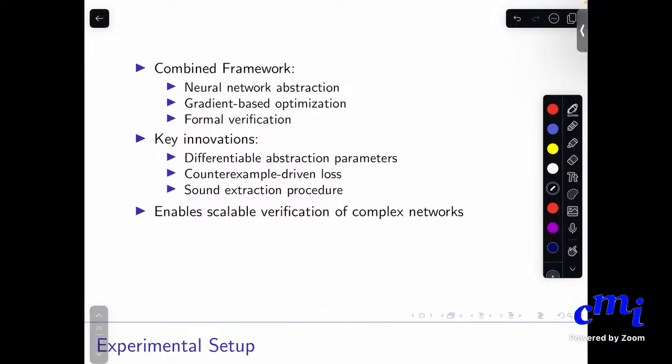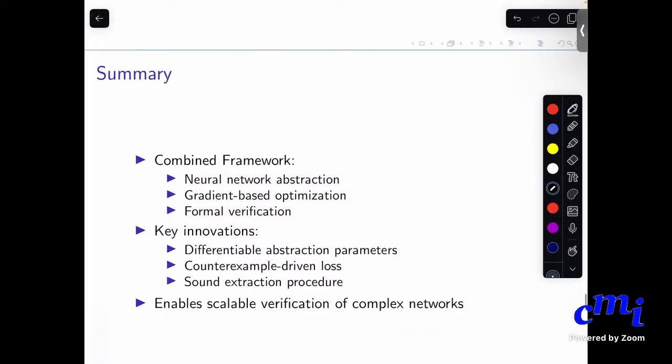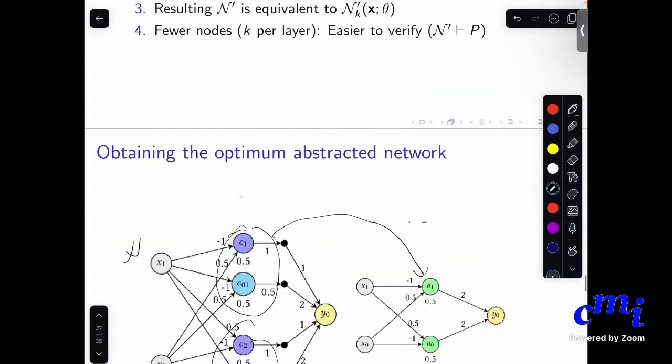Finally, let me summarize. What happened is that we are abstracting a neural network, and the abstraction process is gradient-based optimization, and then we verify that abstracted neural network to come up with a spurious counterexample if there is one, and that will be fed back to the sample. When I was saying this loss function, I'll just go back once more.